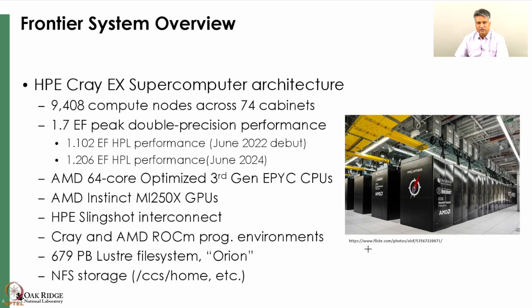All these nodes are connected through a very fast interconnect called Slingshot, whose architecture we will also discuss today. The programming environments are provided by Cray and AMD. The storage on this machine is of the order of 679 petabytes and is made of the Lustre file system called Orion.